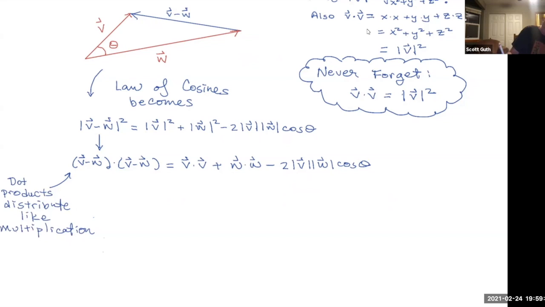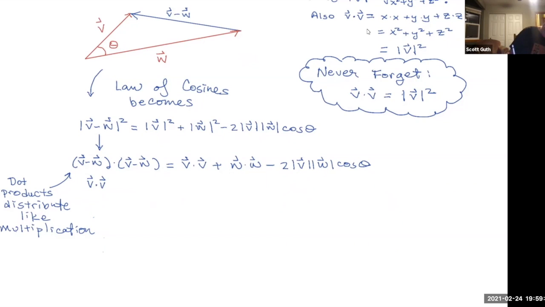Okay, so if I was to distribute, just like I was multiplying a binomial times itself, then I would have V dot V. You can't say V squared because that doesn't mean anything. This is a vector.